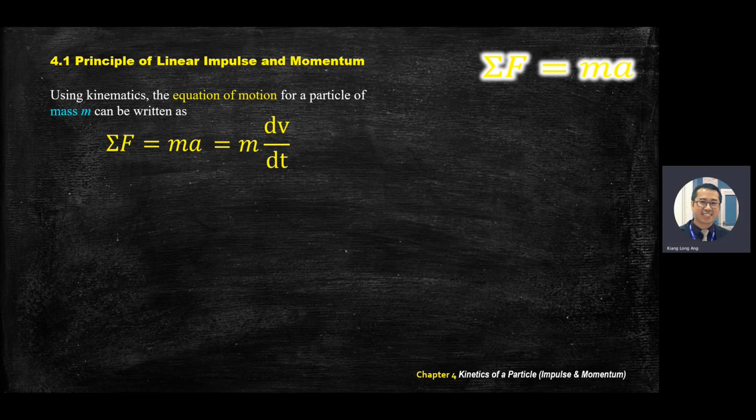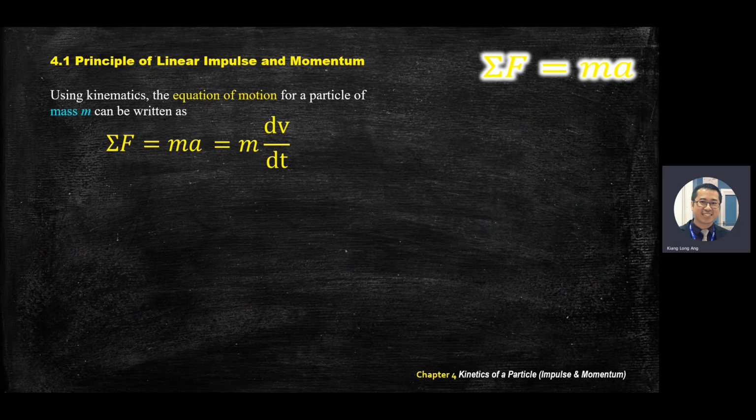So, what is F t? Impulse. What is mv? Momentum. This equation is called the equation of impulse and momentum. The principle of impulse and momentum means the left-hand side is impulse, the right-hand side is momentum.